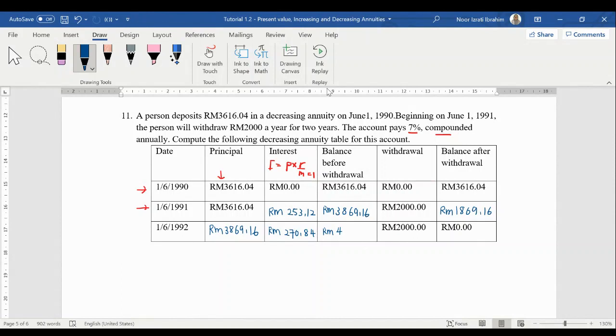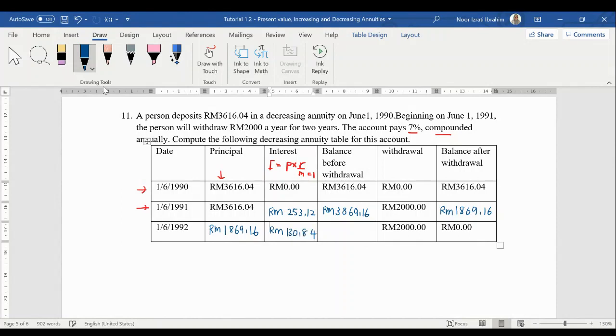We should get exactly 2,000, right? Oh, sorry, it should be 1,869.16, I don't know why I made it 3 there. Let me calculate again. 1869.16 multiplied by 0.07 is actually 130.84.